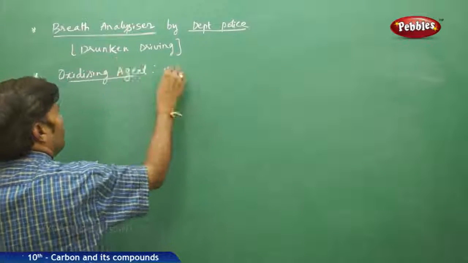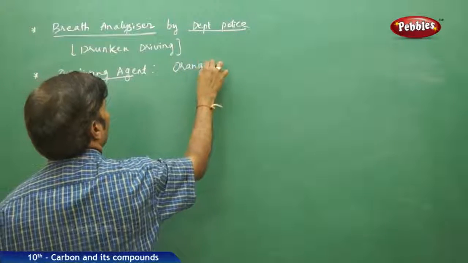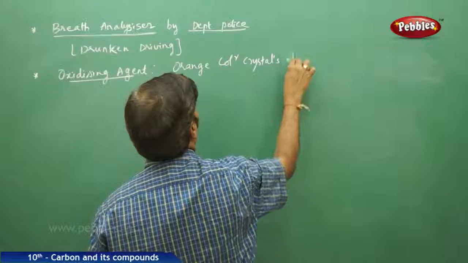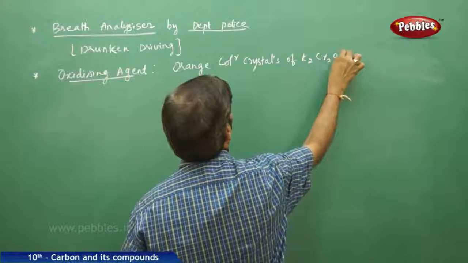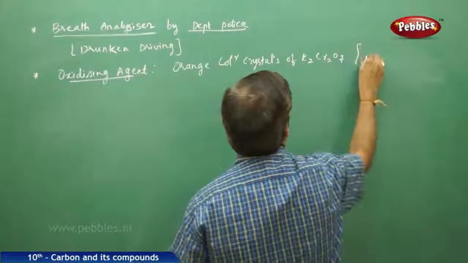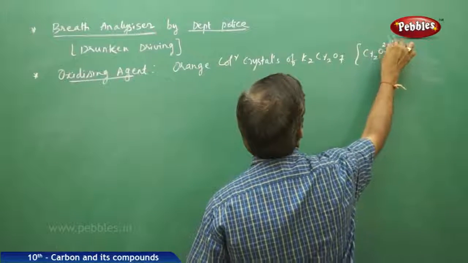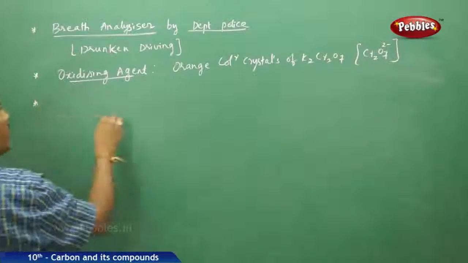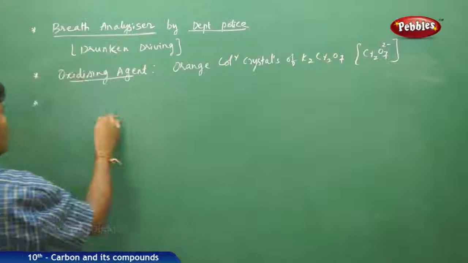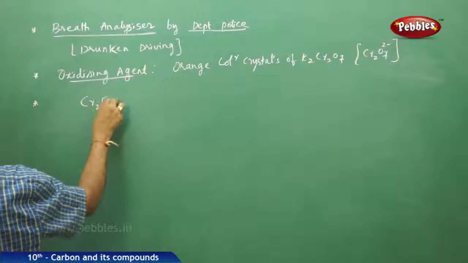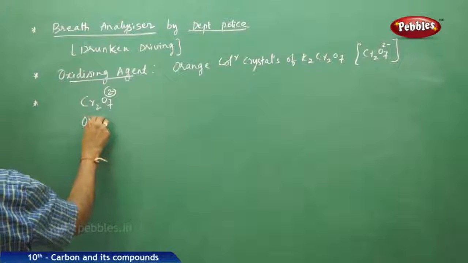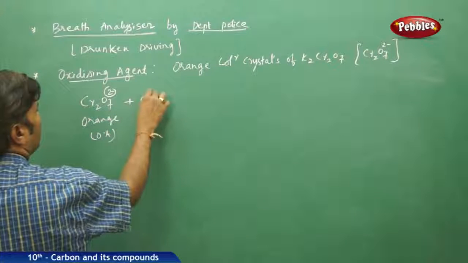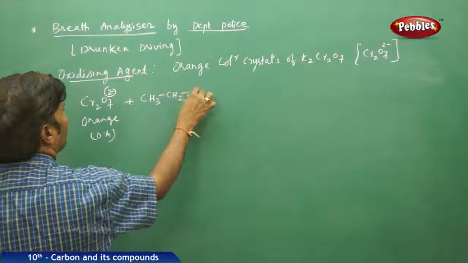That is the orange color crystals of potassium dichromate, which contains dichromate ions. These dichromate ions, which are orange color, acting as an oxidizing agent, are treated with CH3CH2OH.